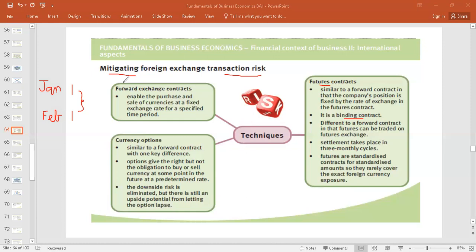When he takes the role of a buyer or seller, in either case, because he's the writer, he has the option either to exercise it or not to exercise it. But there is no kind of compulsion which is levied on the writer of the option. So, a right but not the obligation to buy or sell currency at some point in the future at a predetermined rate.